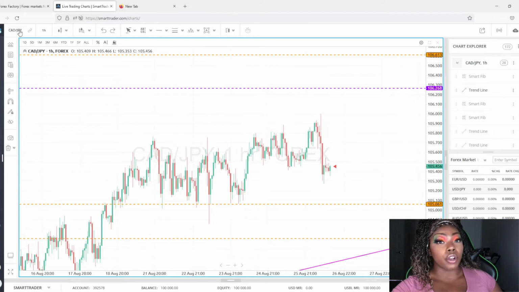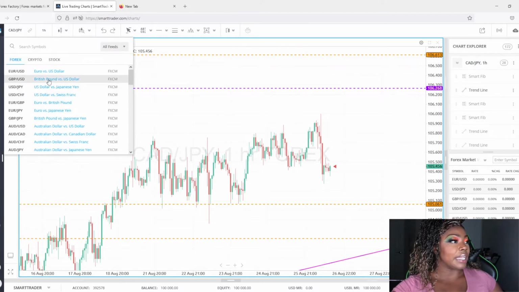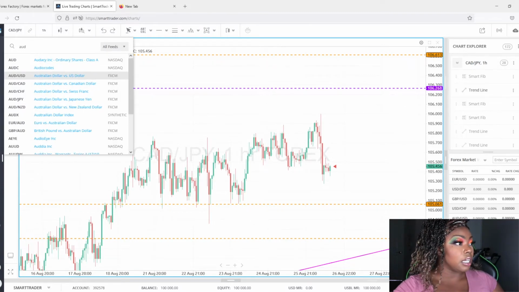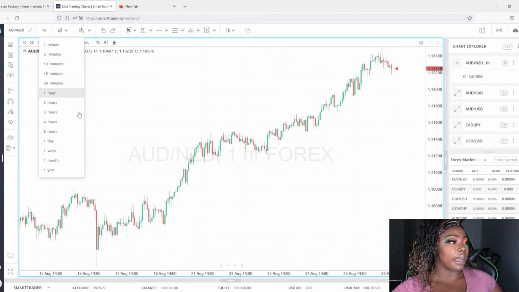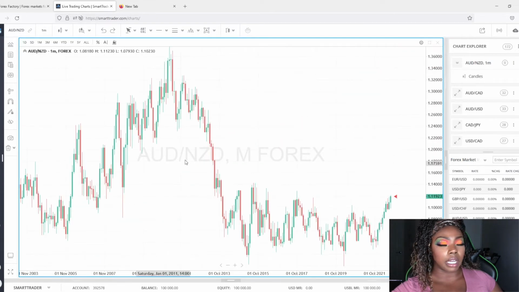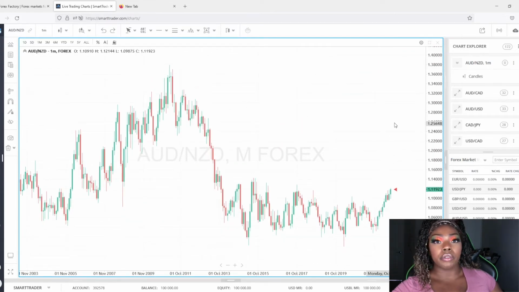Now for our newest pair, it is the Aussie New Zealand dollar. Now, I don't believe I have marked it up on this account, so I'm going to go ahead and do that really quick.